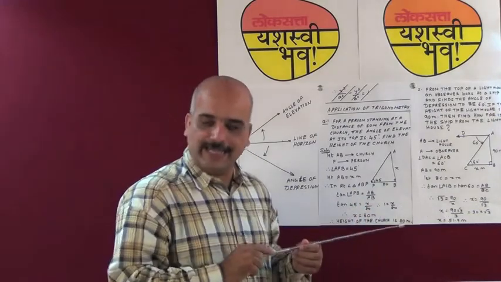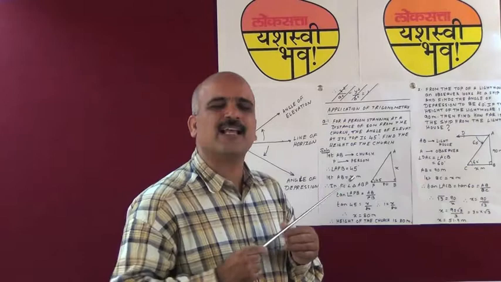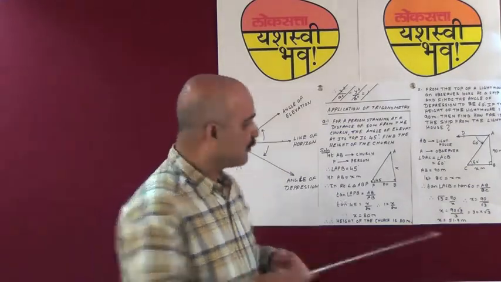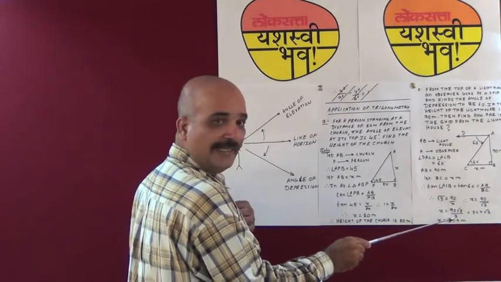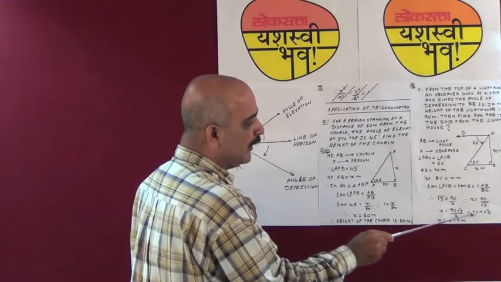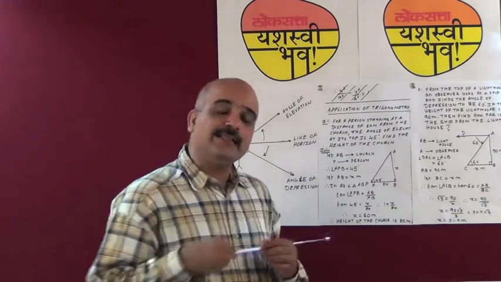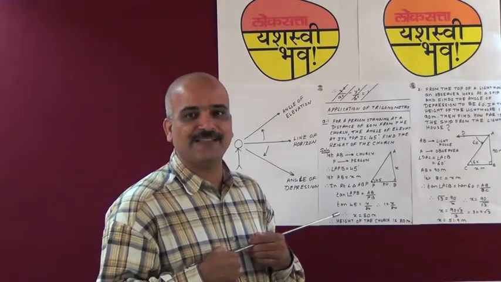We normally don't leave root 3 or any root in the denominator. It's a wrong idea in maths. So it is better to always rationalize. So rationalizing the denominator, we get 90 root 3 upon 3, that is equal to 30 into root 3. The value of root 3 in the questions is normally given as 1.73 or 1.732.